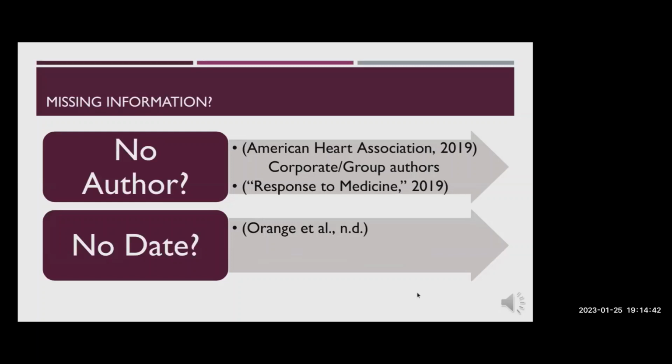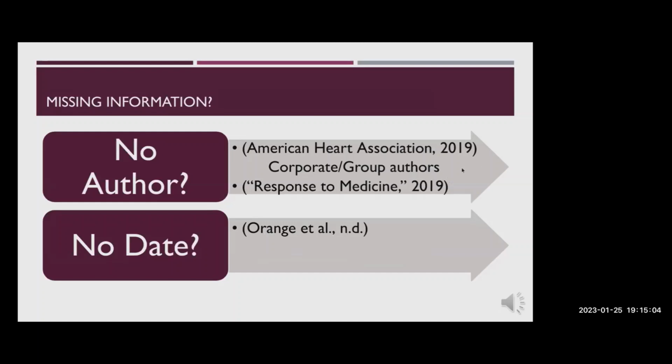Often you will be without the information you're looking for. You're working on a website especially, and you have no idea. There are no named authors. You have no idea who's writing this. There's no person writing it. You can use the name of an organization for your author name. So we call those corporate or group authors.